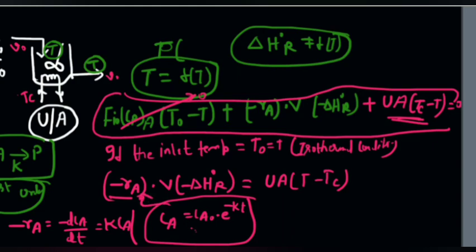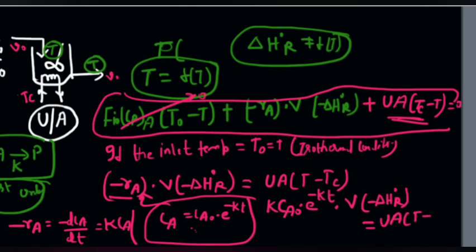Just focus here and substitute it. Then you will get K CA naught into e to the power minus Kt into V into minus delta H naught R equals UA times T minus Tc.